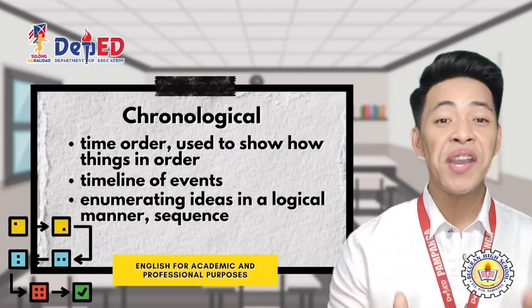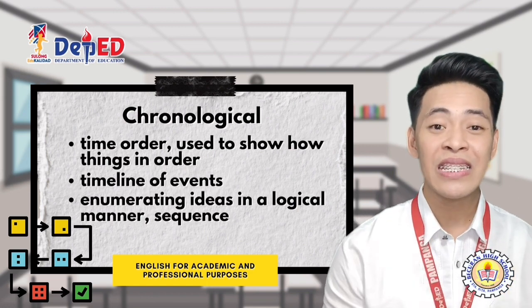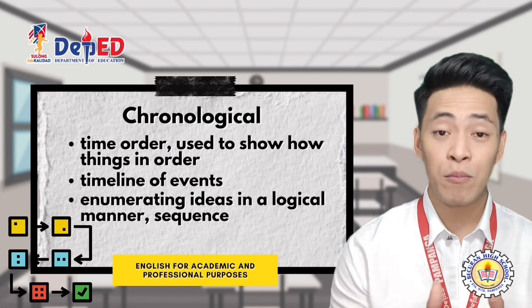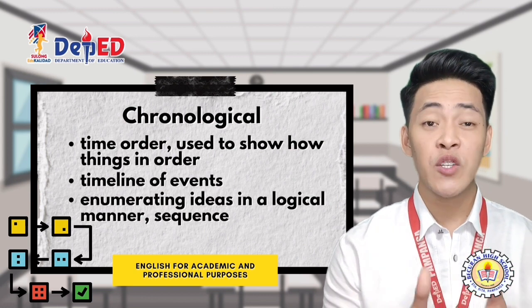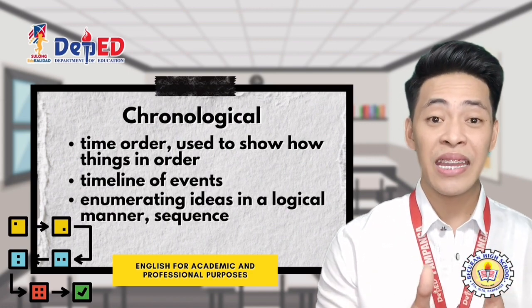Congratulations, because we are now on the second to the last part of this discussion, and this is chronological. Chronological is commonly known as time order. This pattern is used when writers, more often than not, present ideas in order.